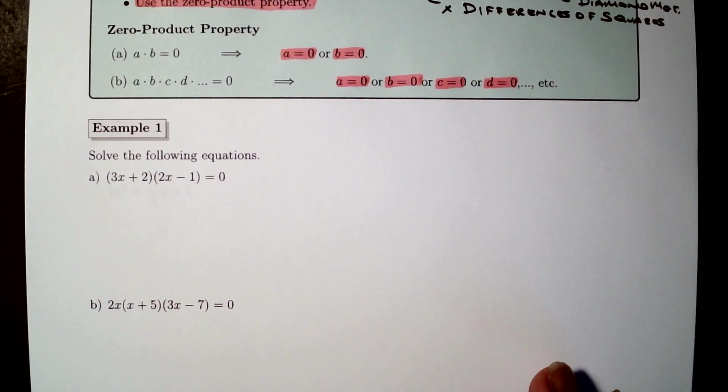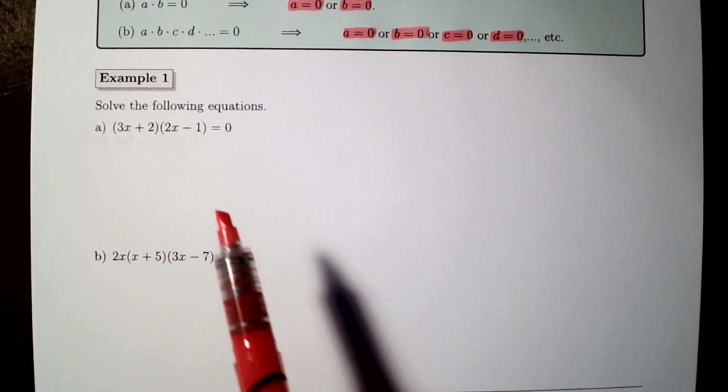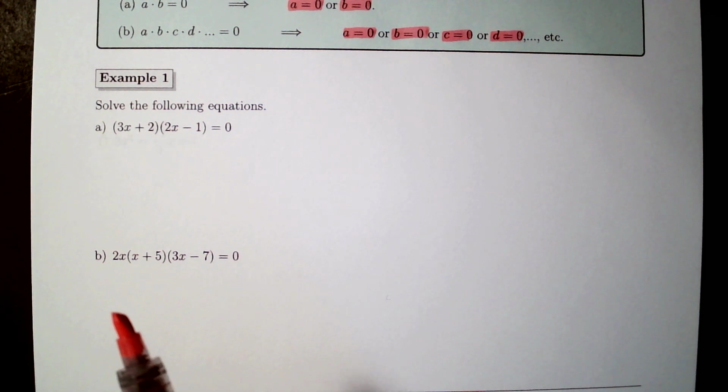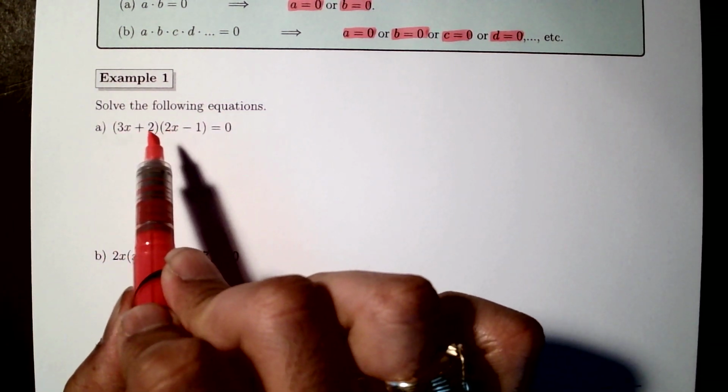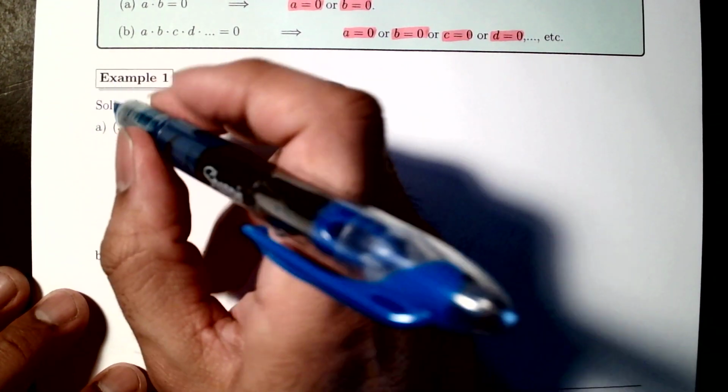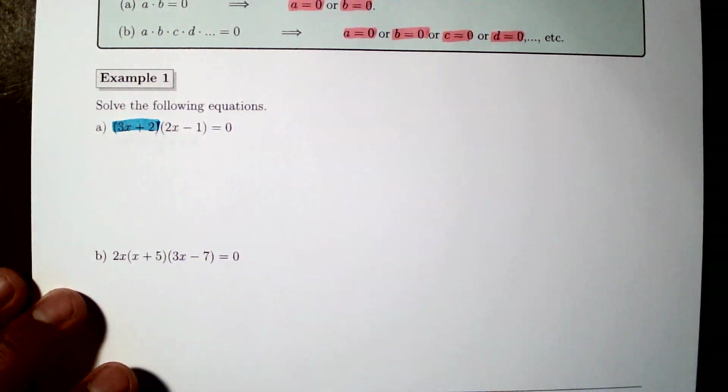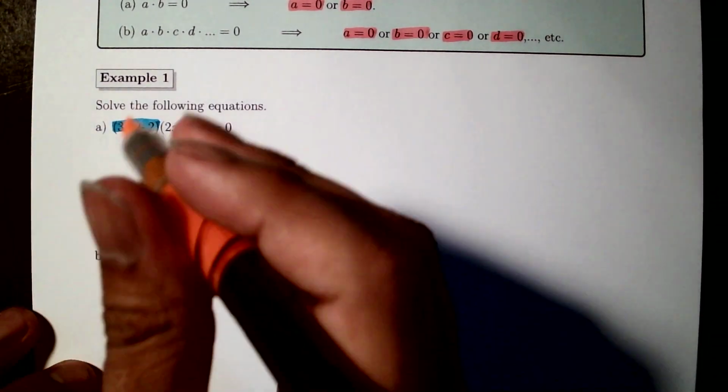Let's do some examples. So examples A and B, in this case, they are giving us the equation already in factored form. So what are we going to do? We're just ready to use the zero product property. I'm going to highlight each of the factors. I'm going to use blue for the first factor and orange on the second factor.